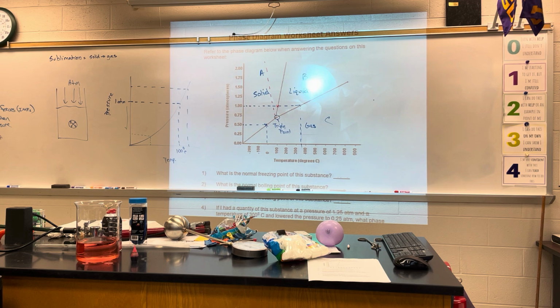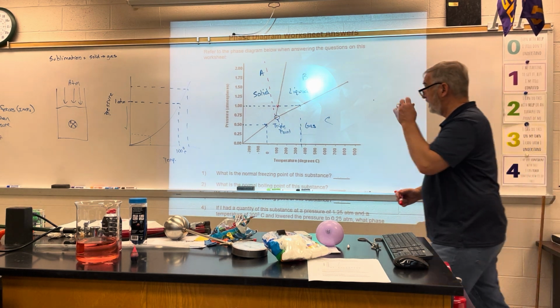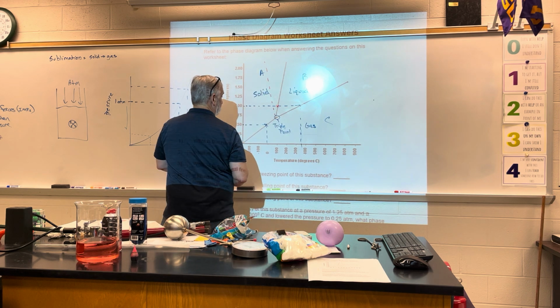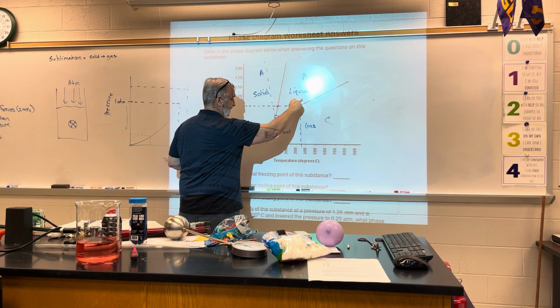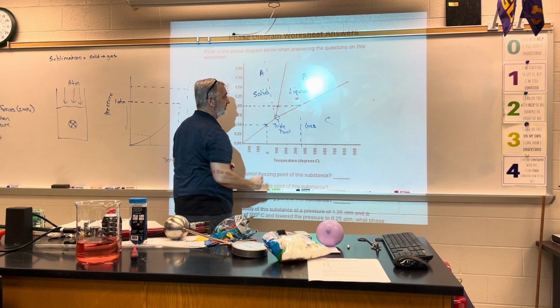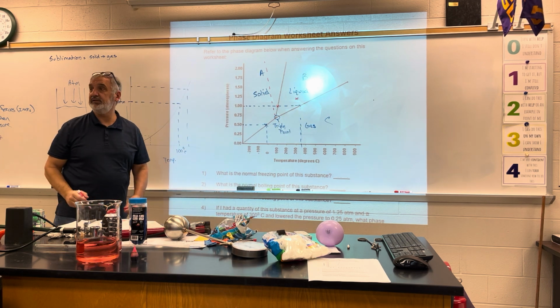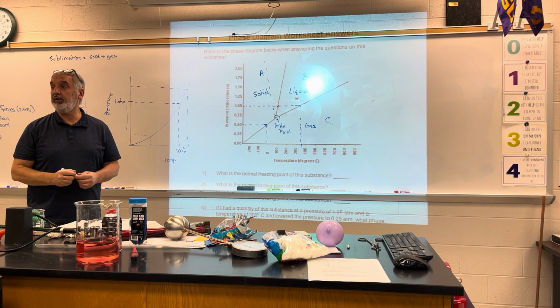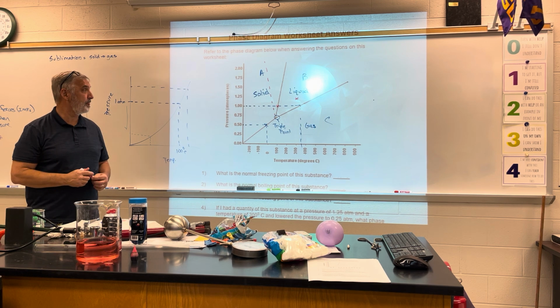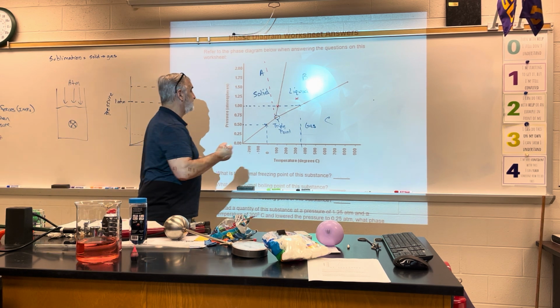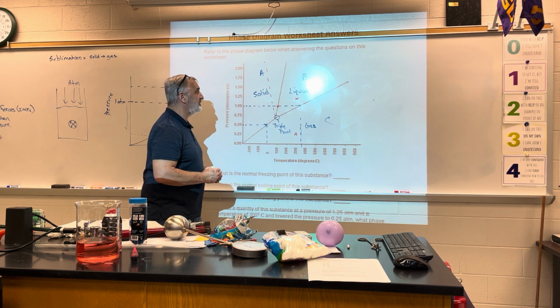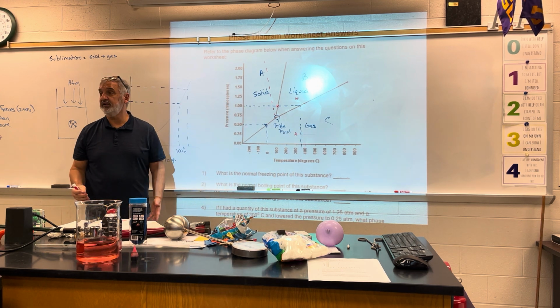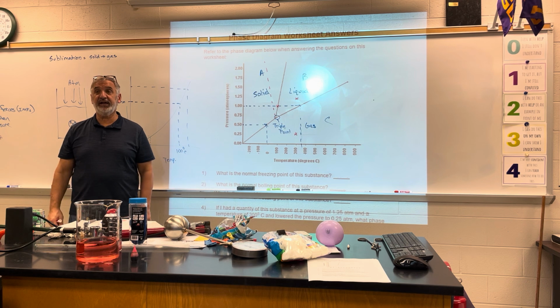So the first one, if I'm at 1.25 atmospheres and 300 degrees, where am I? I'm right here, right? Approximately? Yep. And then we're going to lower the pressure to what? So basically, I'm coming down to here. So what transition is going to occur? Evaporation, it's going to go liquid to a gas.